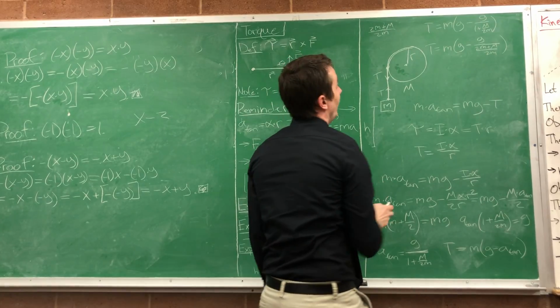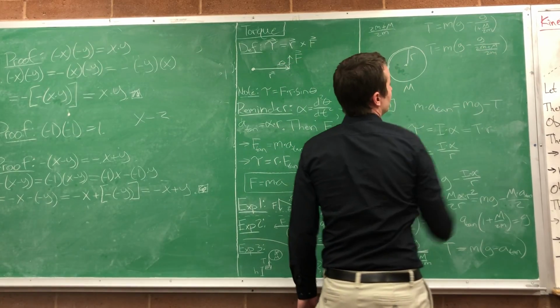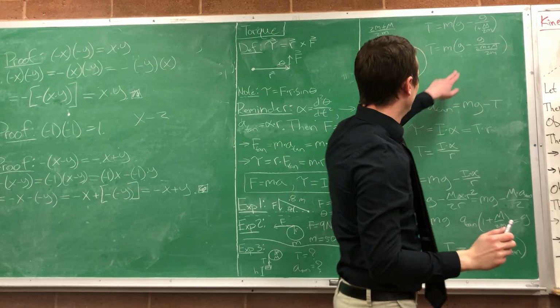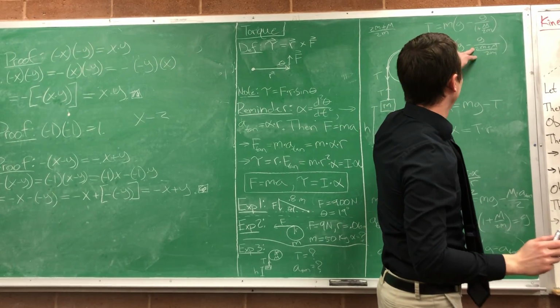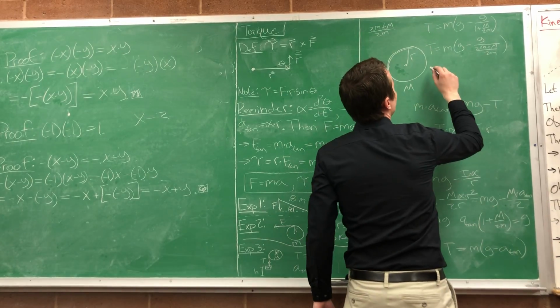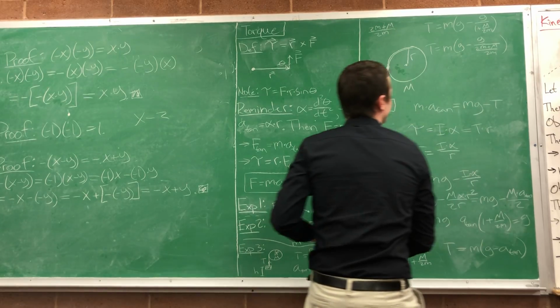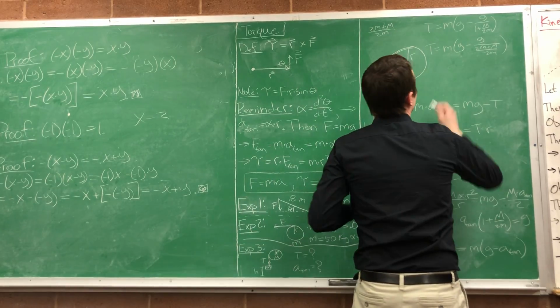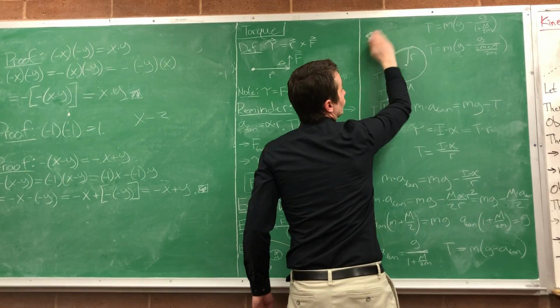And now we'll get a common denominator between these two terms. So I'll multiply g here by 2m over 2m plus big M. Let me scribble up here really quick.